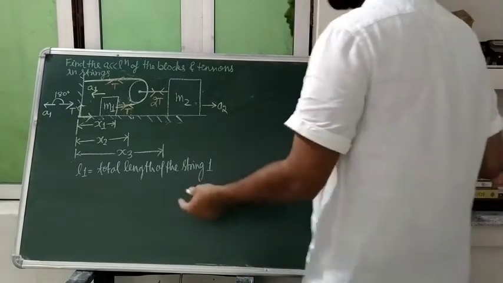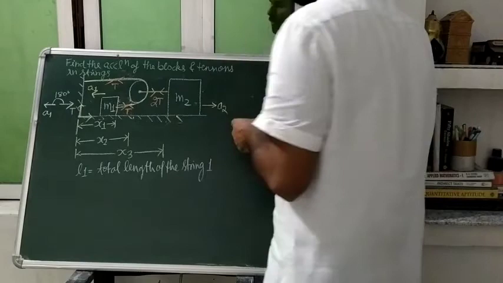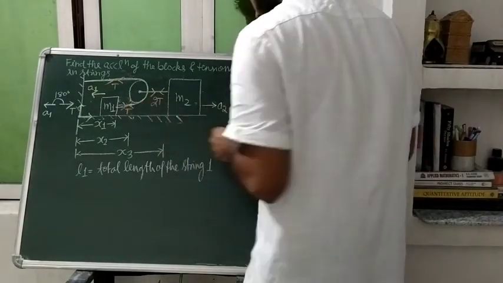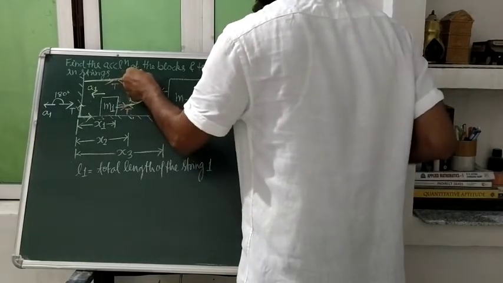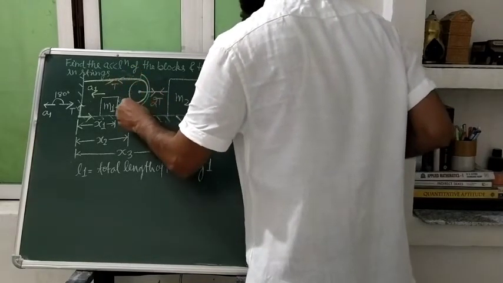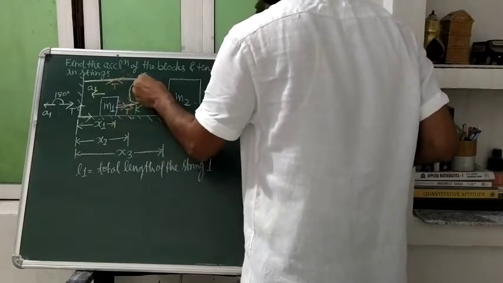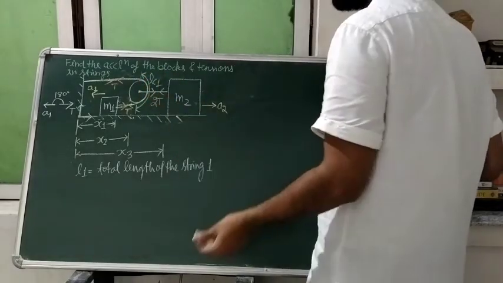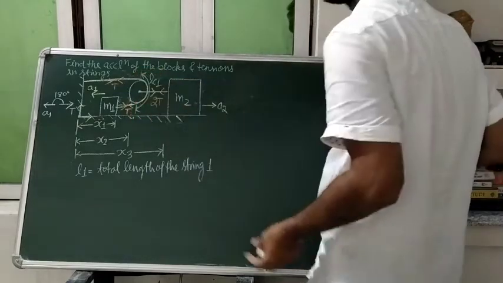So L1 is representing the total length of this string, and the length of this string over this pulley I am representing by LC1. That will always be constant, students, so you can ignore that, but for your understanding I am saying this one is equal to LC1.